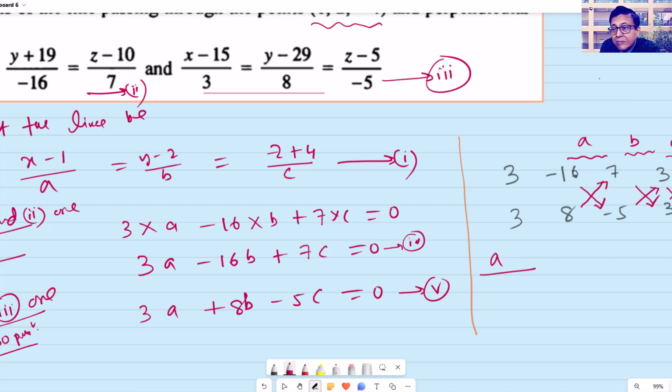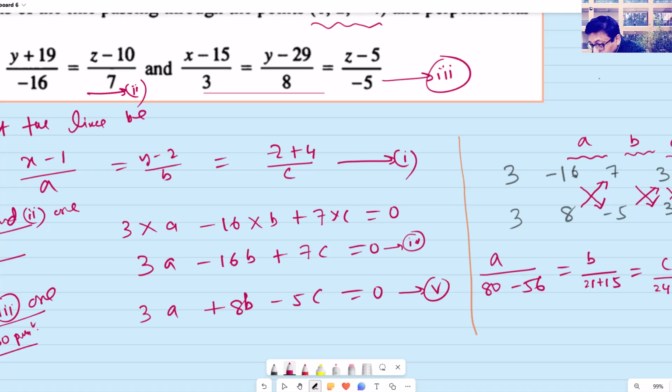Now A, B, C we can find by the method of cross multiplication. A by this into this, downward arrow, it will be positive. That is 80. Minus this into this, upward, that's why negative. Clear? B by 21 plus 15, C by 24 plus 48. Hope you have understood. Because downward arrow is positive, the upward arrow is negative.